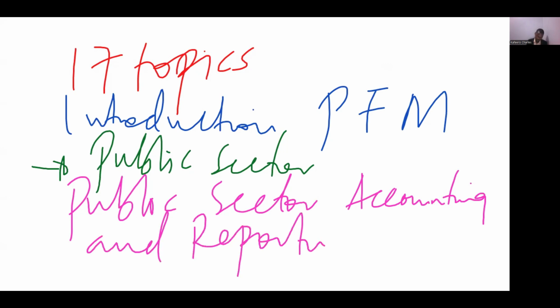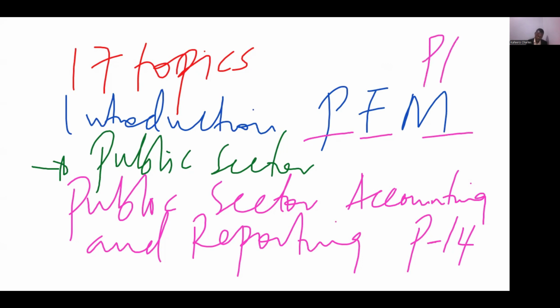And by then it was paper 14. But now they changed it to what we call public finance management. And now it is paper 13. So it was changed from the public sector accounting and reporting to public finance management.